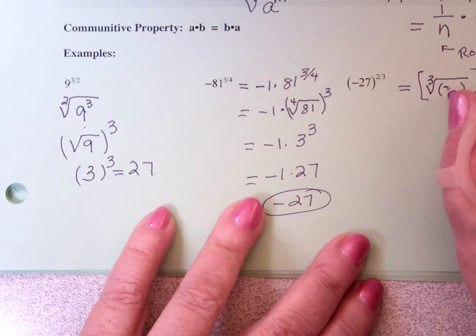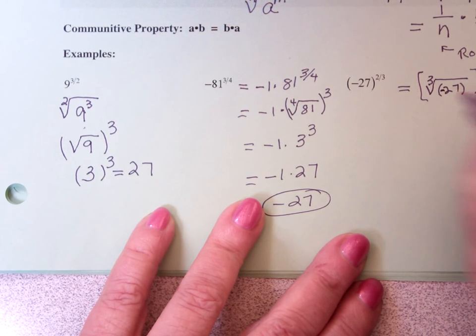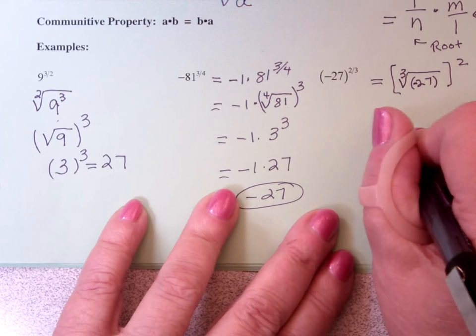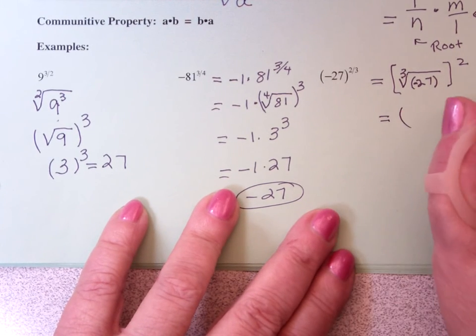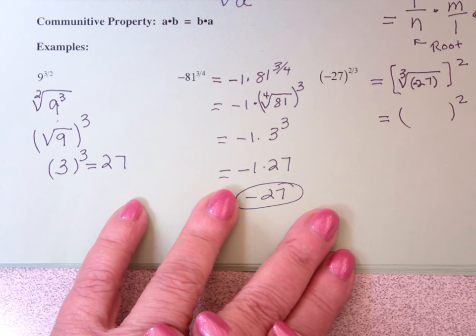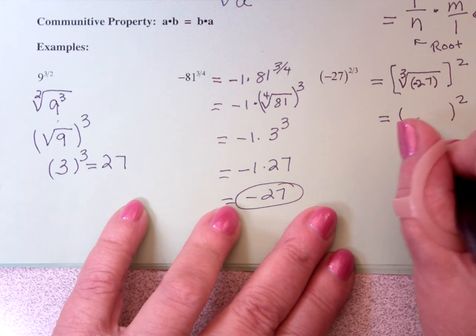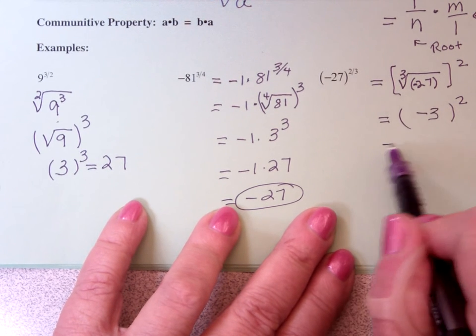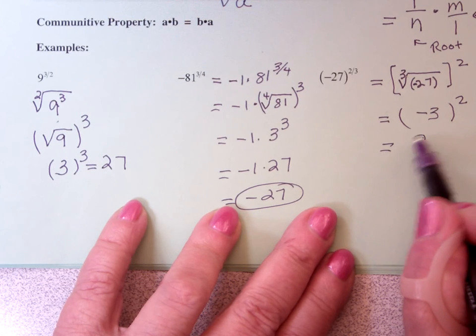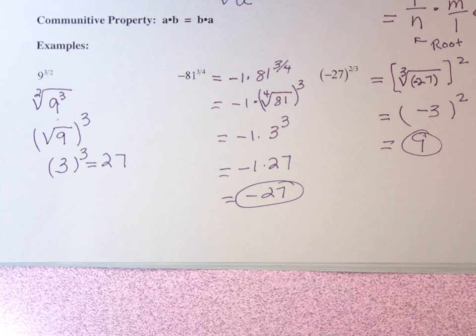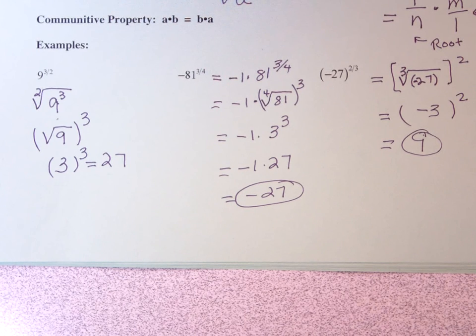So you're going to put a negative 27 in the set of parentheses, and then you're going to square that result. And what's the cube root of negative 27? Negative 3, and then negative 3 squared is 9. Root it, then power it. That's the way we work with it most of the time.